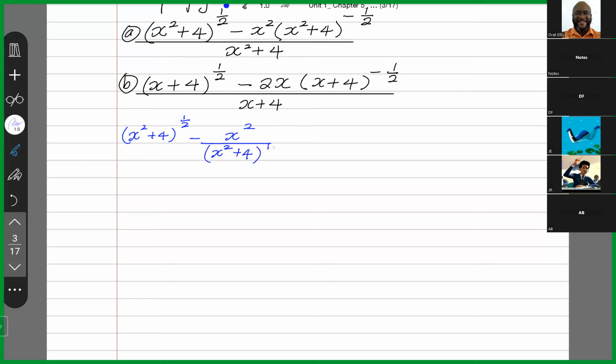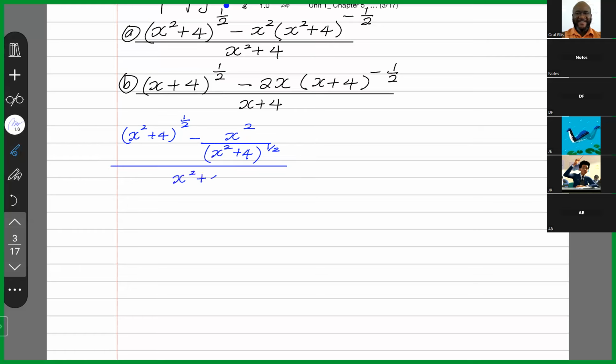So what I did there is apply the negative law of indices, which essentially says that if something is raised to a negative index and it's in the numerator, you can bring it to the denominator and change the power from negative to positive. And this essentially is divided by x squared plus 4.